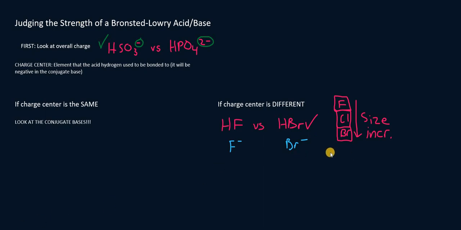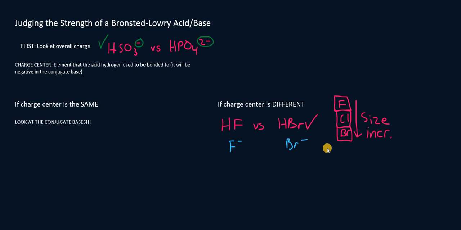And if you wanted to know the reasoning behind that, the bigger your element is, the more shells it has, the easier it is to pull the hydrogen off. Remember, it's all about getting that acidic hydrogen to pop off. The easier the acidic hydrogen pops off, that's going to affect how strong your acid is.